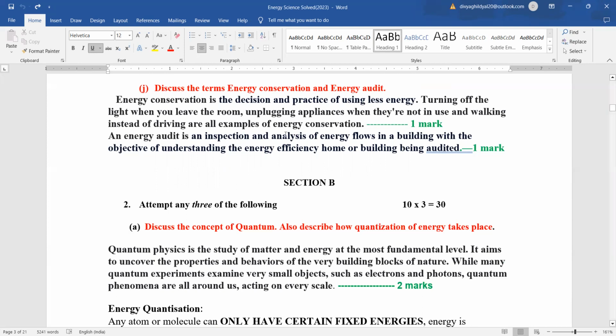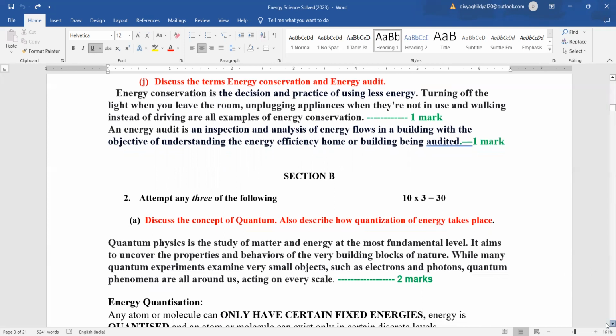Audit is like an inspection, the way you give your exam. So auditing is inspection and analysis of energy flow in a building and whether the building is following the energy conservation norms like green energy, etc., or not.